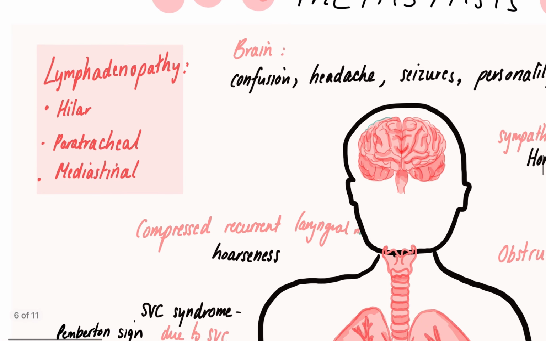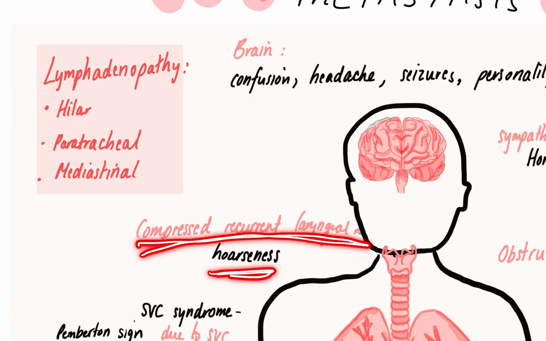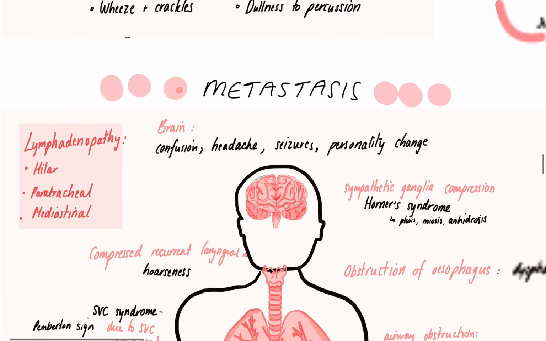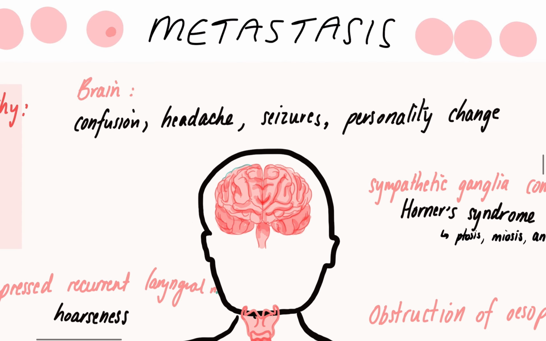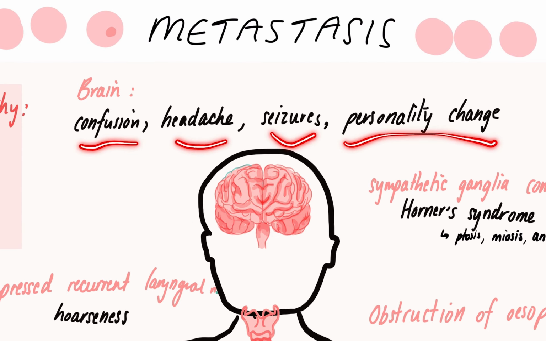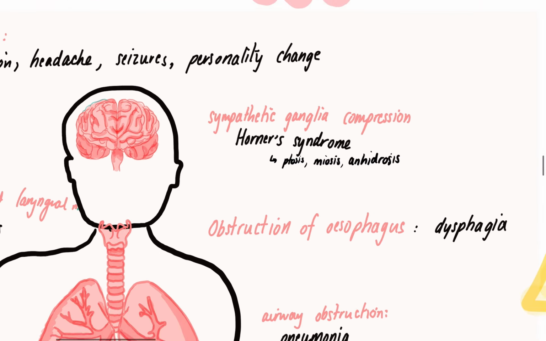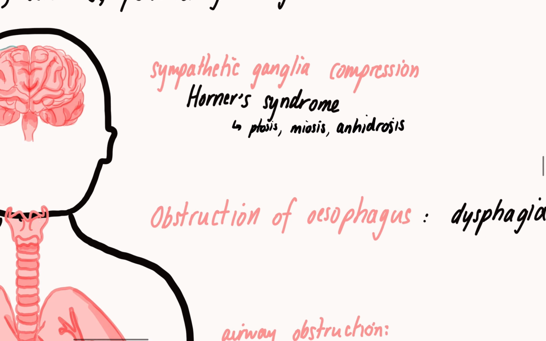If your recurrent laryngeal nerve becomes compressed, this can cause hoarseness of the voice. If there are metastases to the brain, this may manifest as confusion, headaches, seizures, and personality change. If there's compression of the sympathetic ganglia, you'll get Horner's syndrome. And this is an important thing that we look for in the respiratory exam.